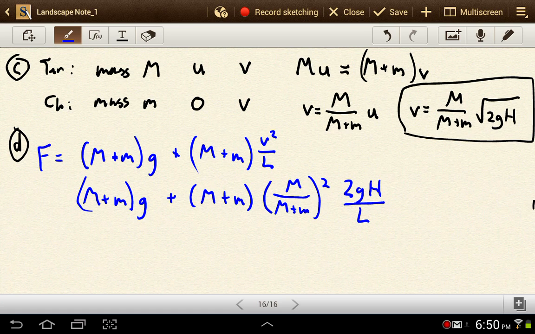I guess we could gather up some g's and maybe the big M plus little m. Still not going to be very pretty.